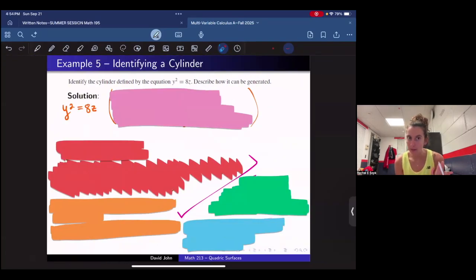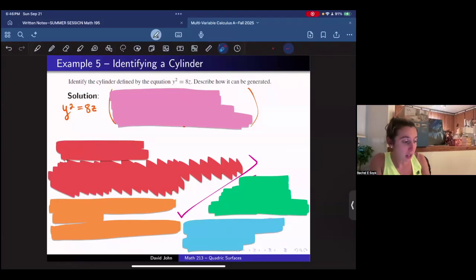And now we arrive at our example 5. We're given: identify the cylinder defined by the equation y squared is equal to 8z and describe how it can be generated. Our variable x is missing in this equation, and that means that the cylinder extends infinitely along our x-axis.